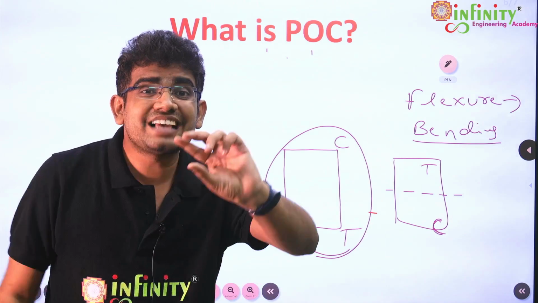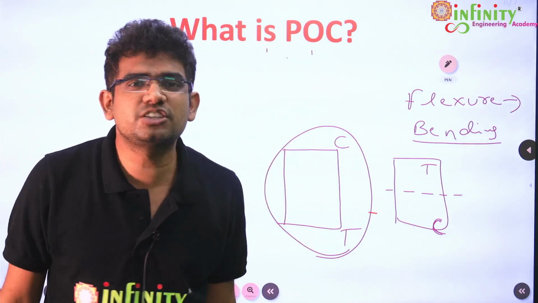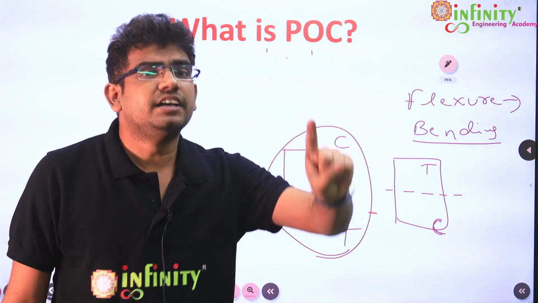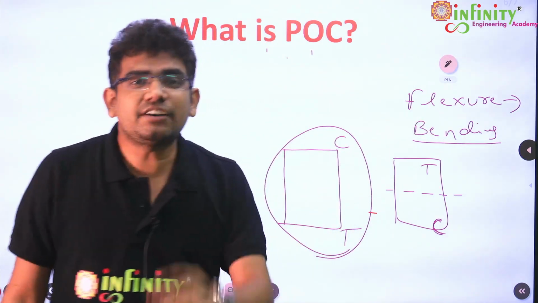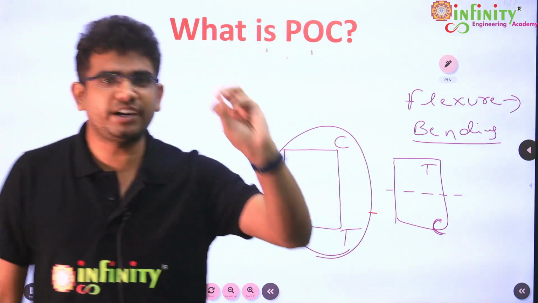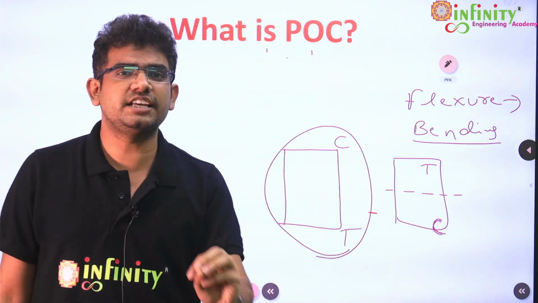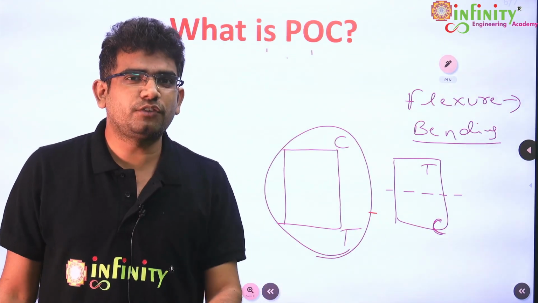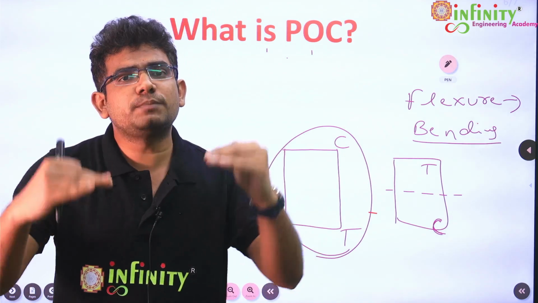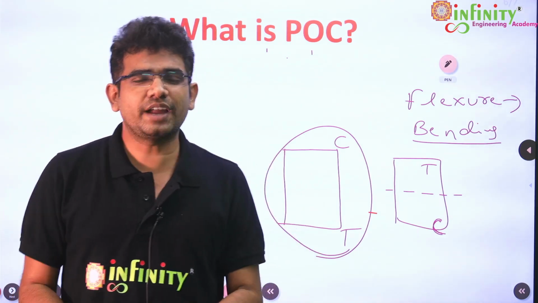That's why it is called contraflexure. And at whatever point the contraflexure is happening, we call that the point of contraflexure. So overall, the importance of point of contraflexure is, based on it, we have to keep the tension reinforcement at the correct position.